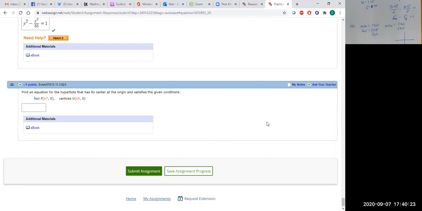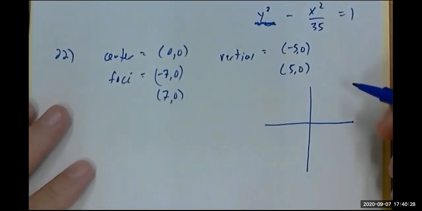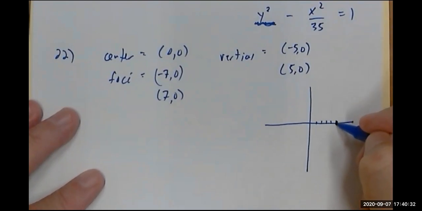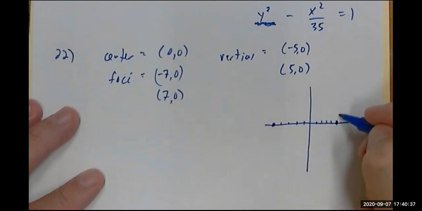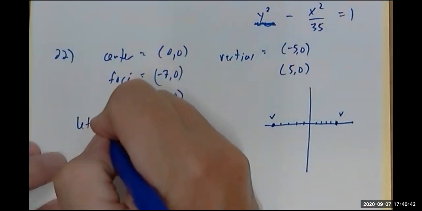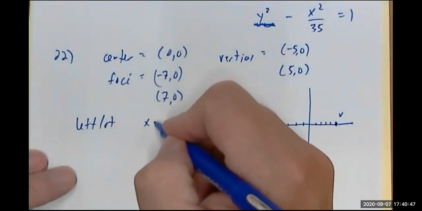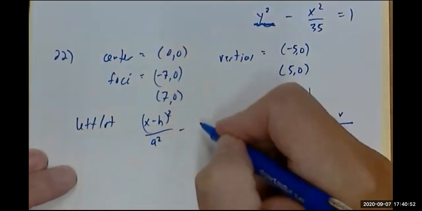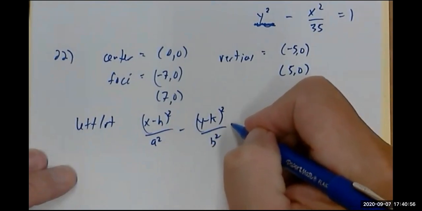So if I draw a little sketch here, vertices 5, 0, 1, 2, 3, 4, 5. That's a vertice. So actually it's going to be a left or right hyperbola, which the equation is x minus h squared over a squared minus y minus k squared over b squared equals 1.